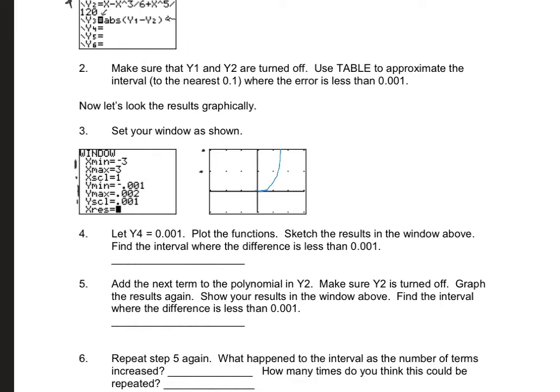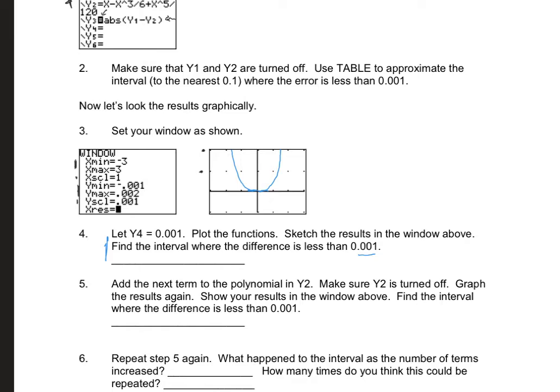Likewise, on the left side, it's going to be symmetric. It's going to take off and do that. What we are interested in is the interval for which our fifth degree Taylor polynomial is within 0.001 of the actual value of sine.